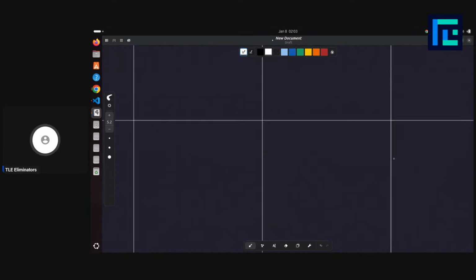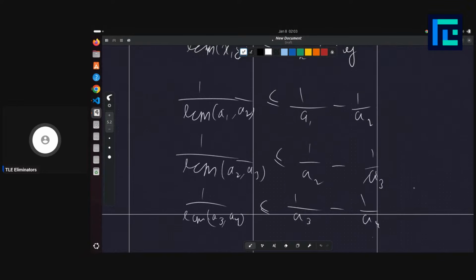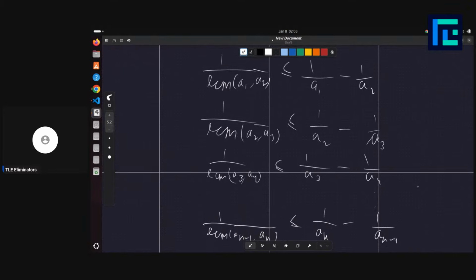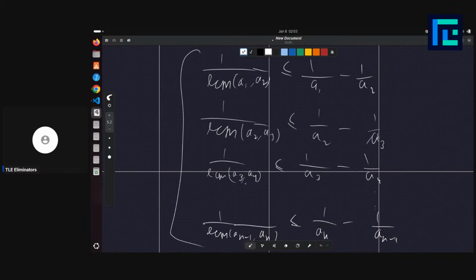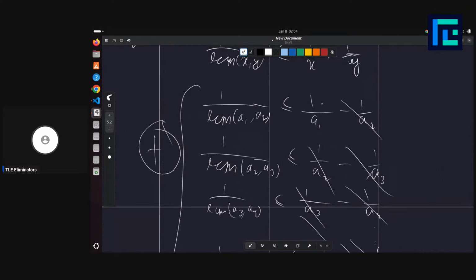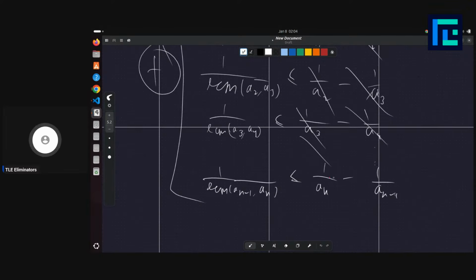If I add all of these n minus 1 inequalities, you can see that minus 1 upon a2 plus 1 upon a2 cancels, minus 1 upon a3 plus 1 upon a3 gets cancelled, and it keeps cancelling in this pattern.